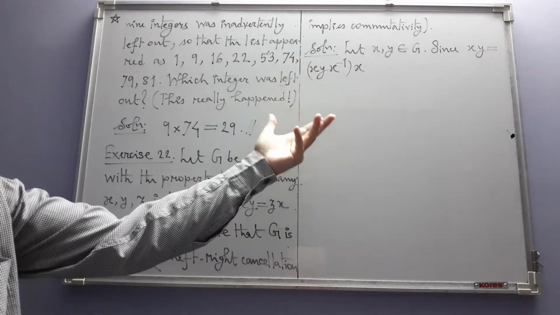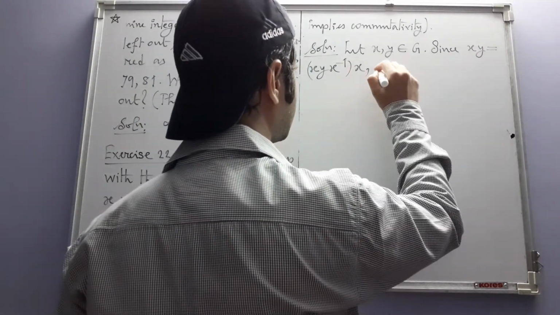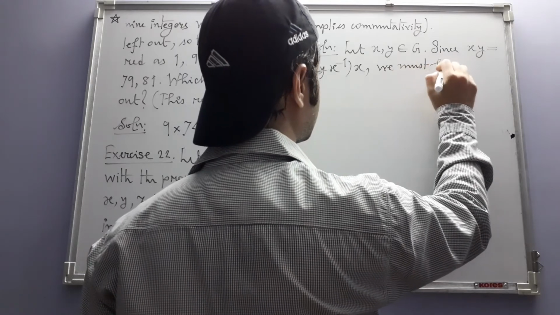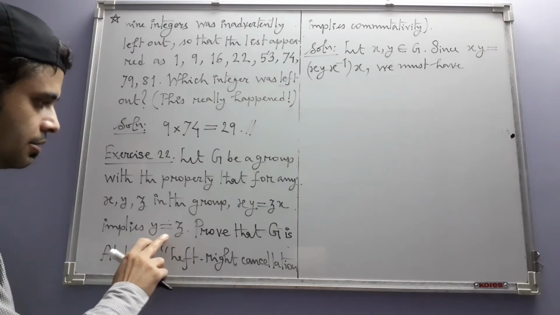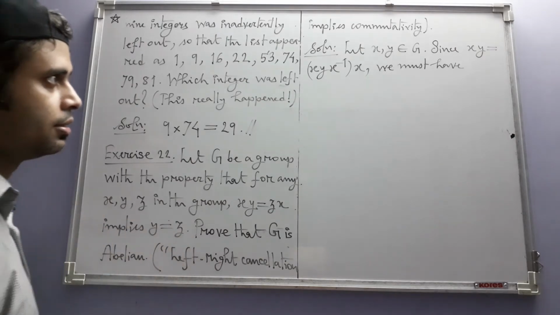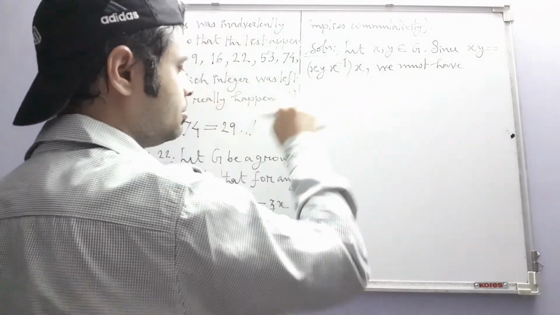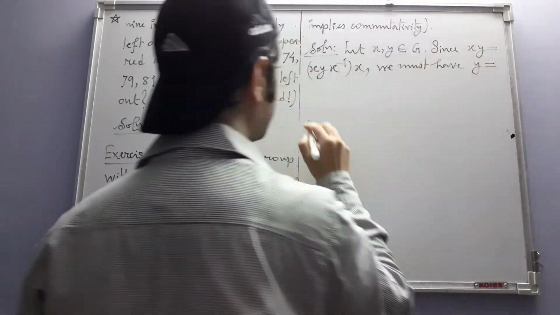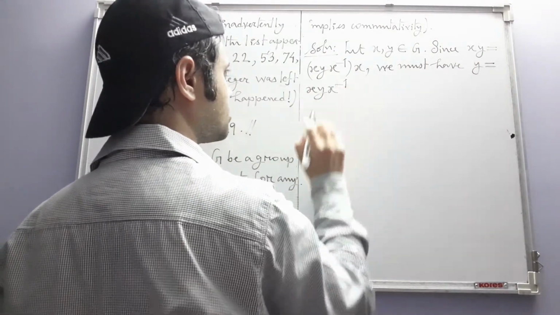So this is a true equation. Since this is true, so then what does the implication say? It says that y is equal to z. That means y must be equal to this z, xy x inverse.